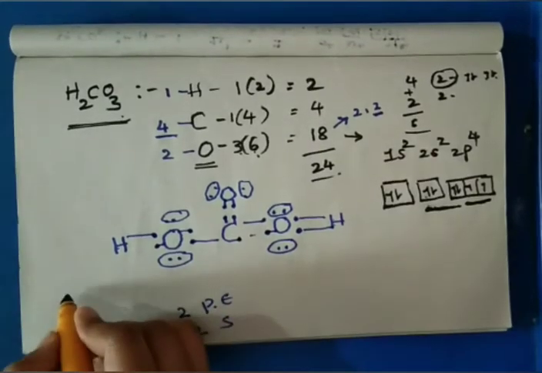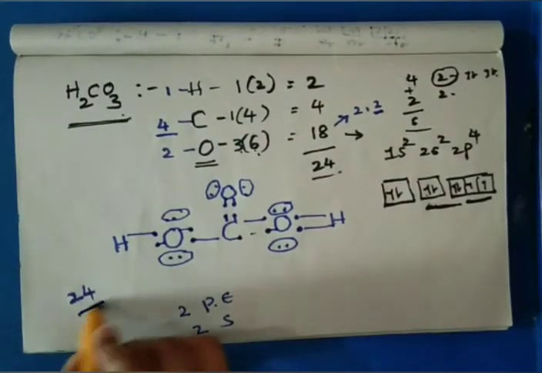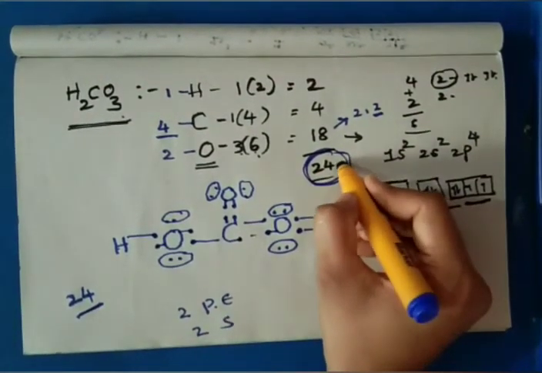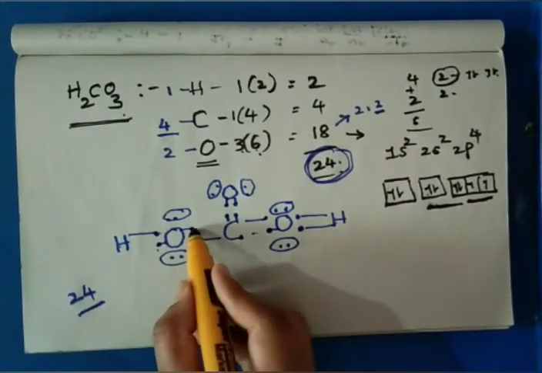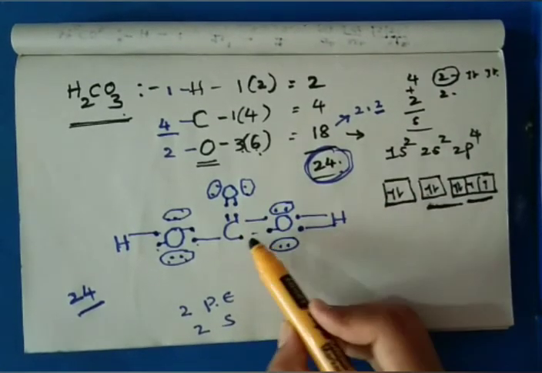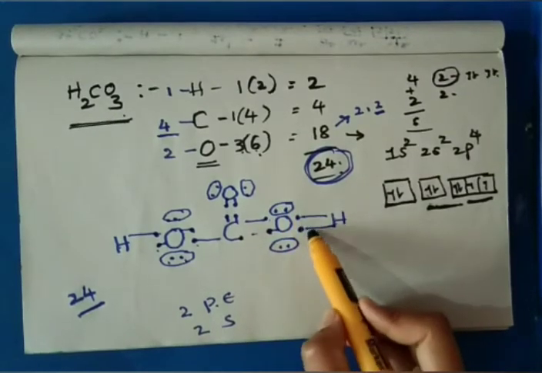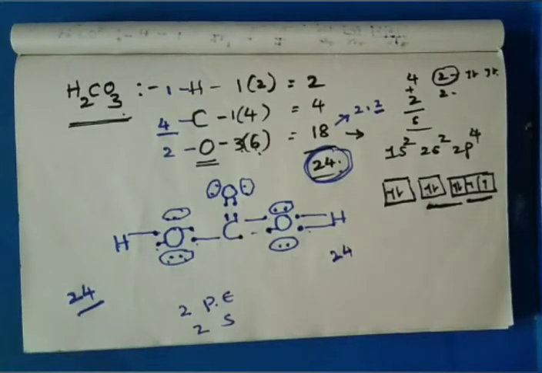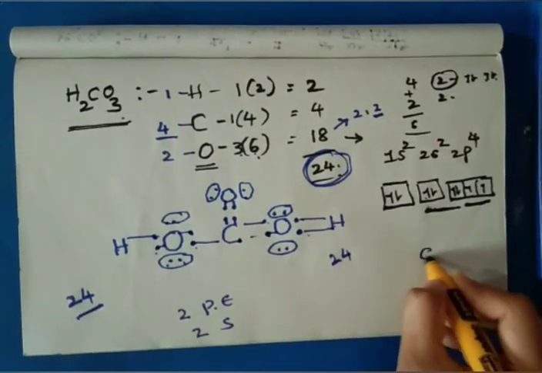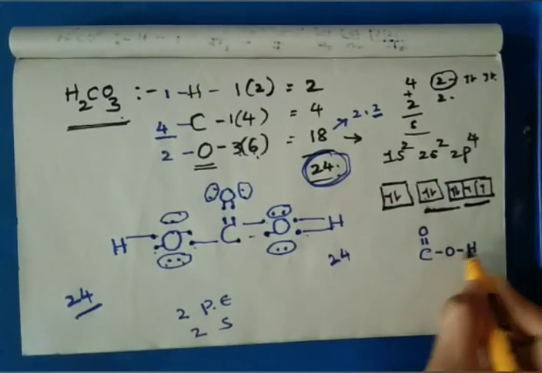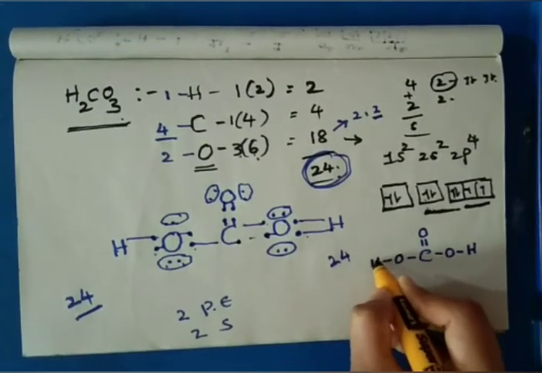Overall 24 Lewis dots are there: 1, 2, 3, up to 24. In this structure, carbon has a double bond with one oxygen, and single bonds with the other two oxygens, each of which is single bonded to a hydrogen.